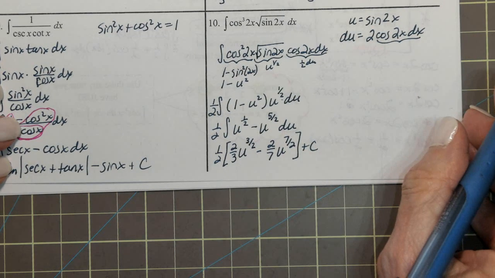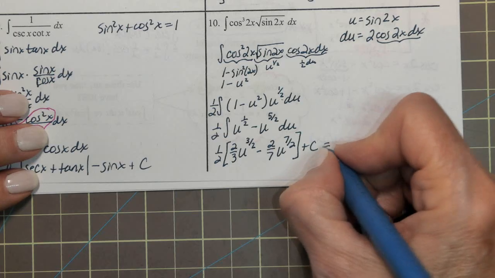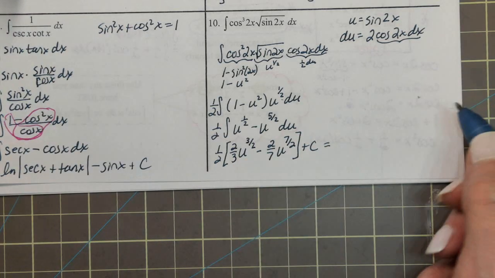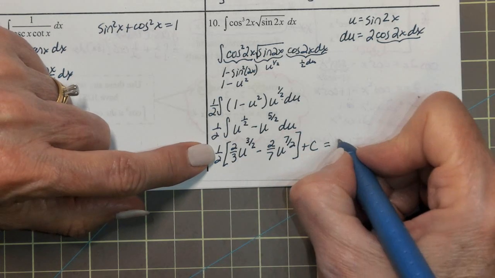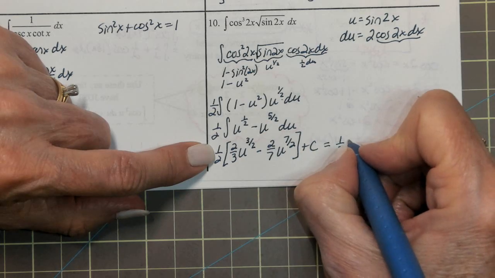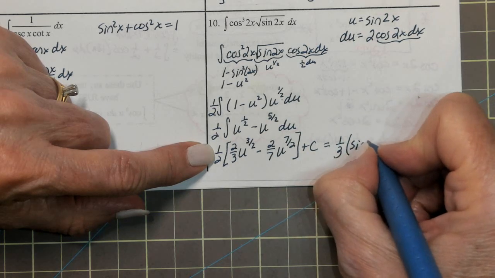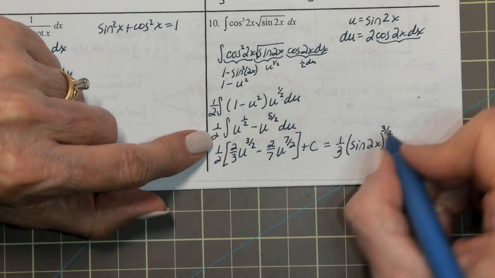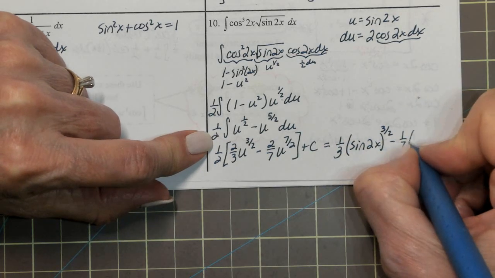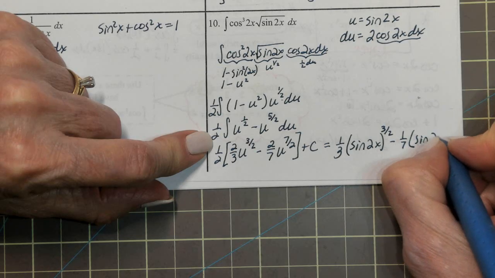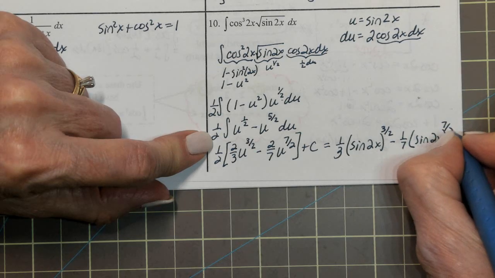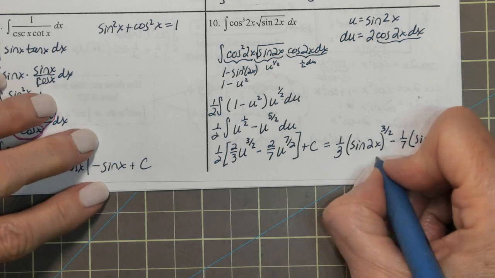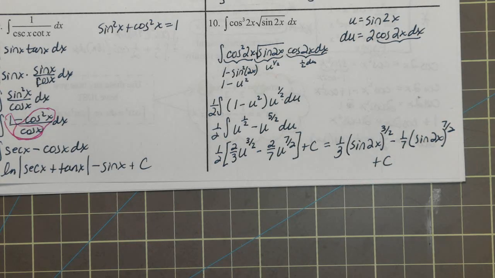And for a multiple choice answer, we can mess with this. 1/2 times 2/3 is 1/3. I might write this as sine of 2x to the 3/2 power, and then this would be a minus 1/7 sine of 2x to the 7/2 power plus c, and we're done.